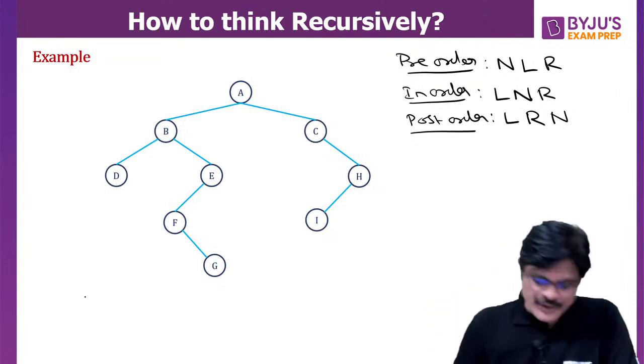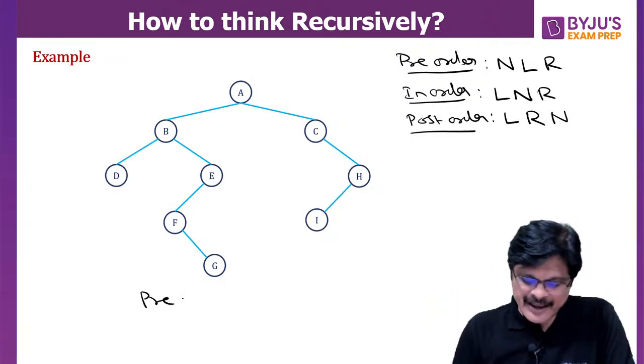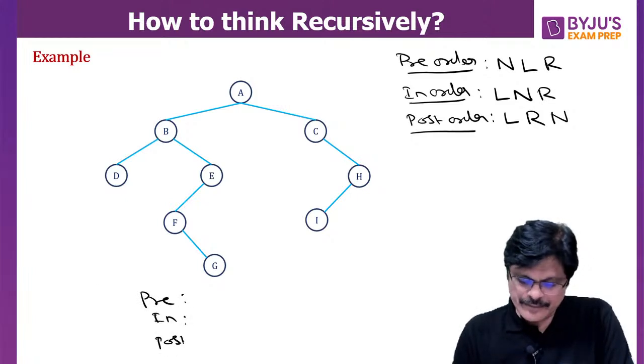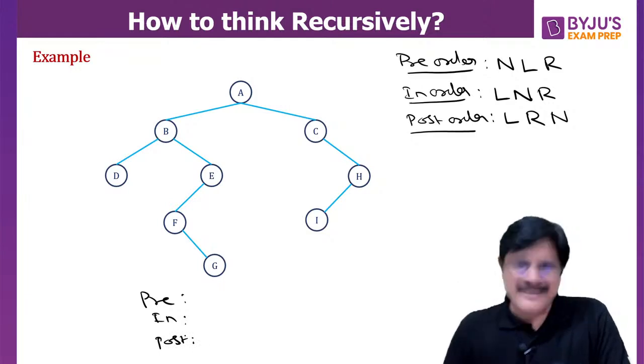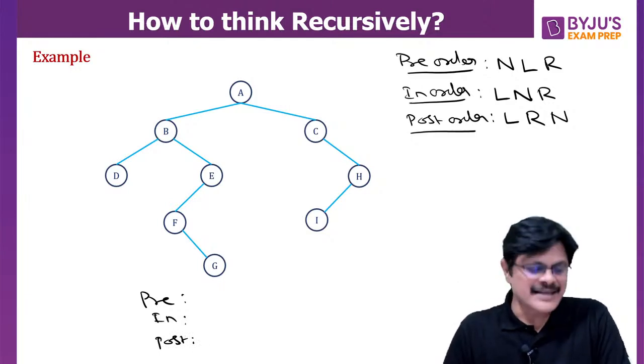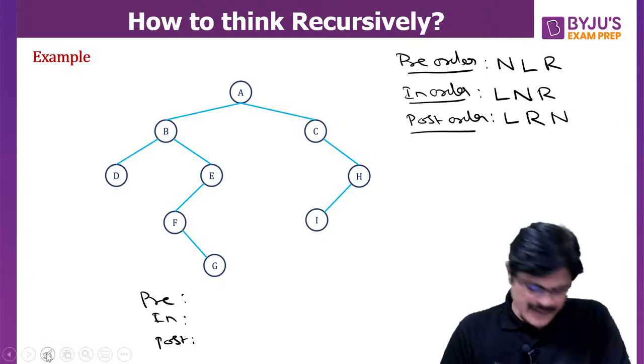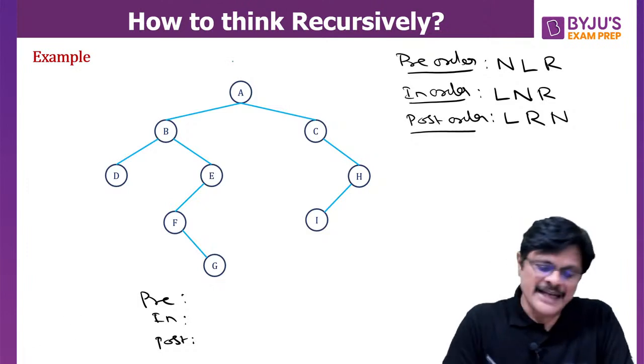Okay. So let us write down the pre, in order and post order for this. You can use that traversal walk to get the answers, or directly you can write the answers. Someone is giving pre-order, very good. Wonderful, AB de Villiers. For those who want this, I'll give you the walk.